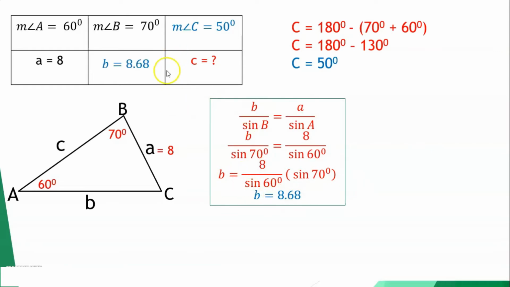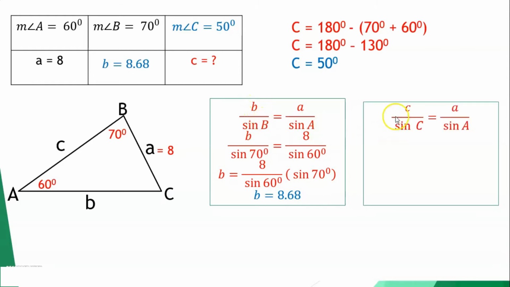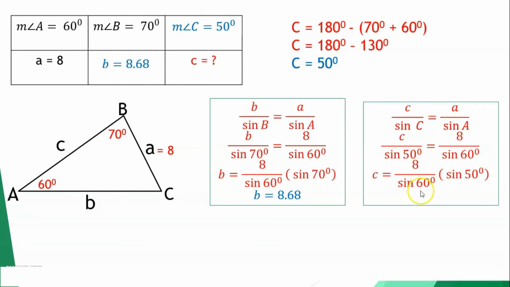So with that, side b is 8.68. Next, to solve for side c, that would be c over sine C is equal to a over sine A. Substituting, we will get this. Cross multiply. Using your calculators, 8 over sine 60 times sine 50, the result here is 7.08.